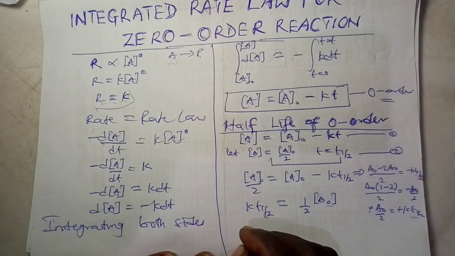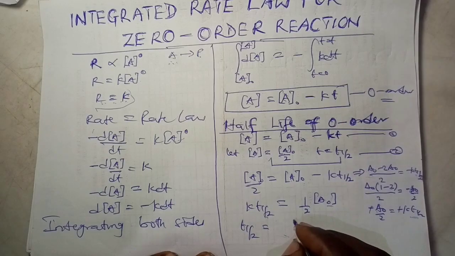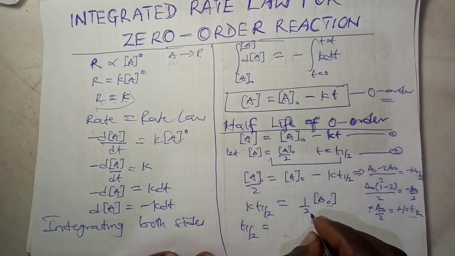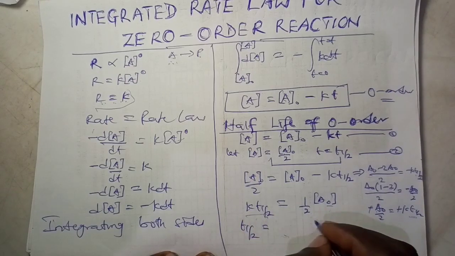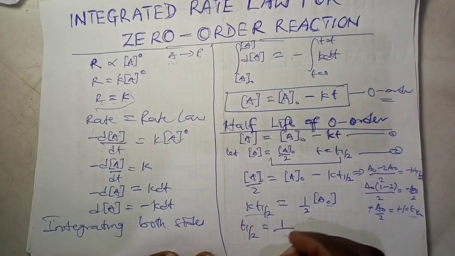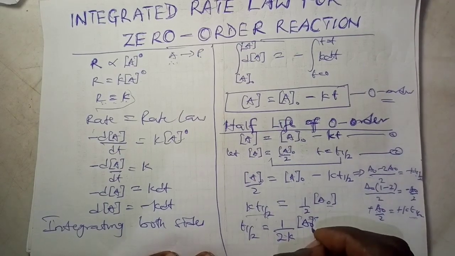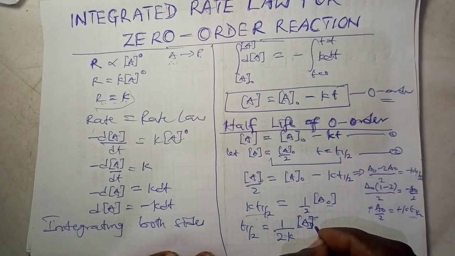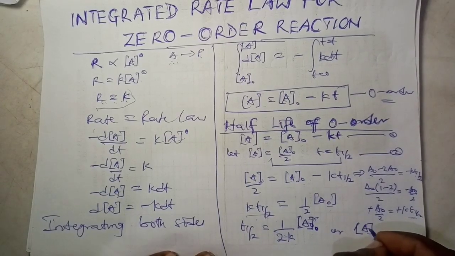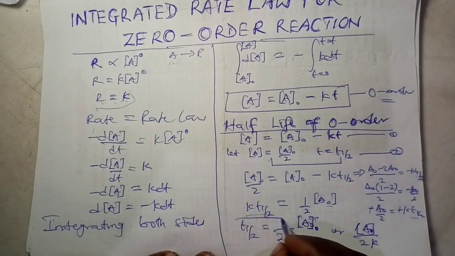So if you make t half the subject of the formula, k will be dividing here. That means you are dividing both sides by k, and when you divide both sides by k and you solve, you'll be having 1 over 2k, then A naught, or A naught over 2k, whichever.